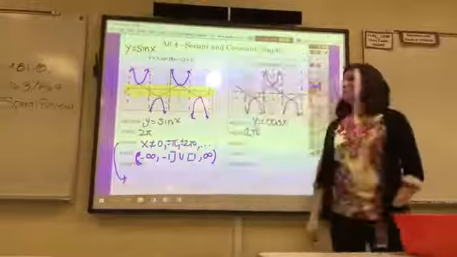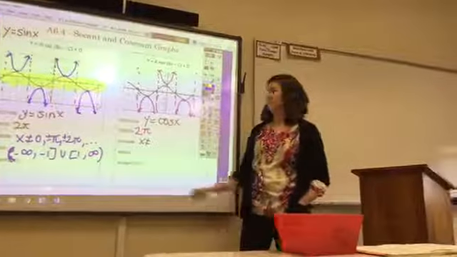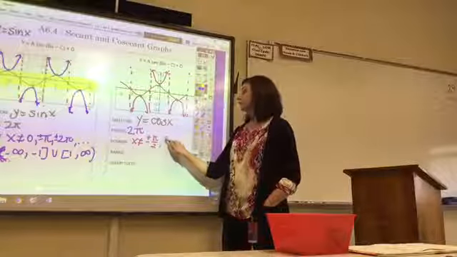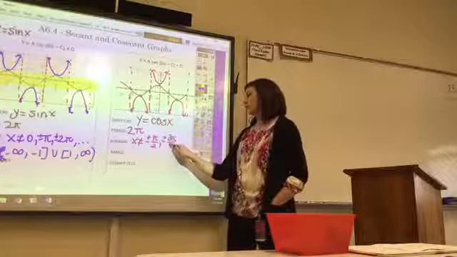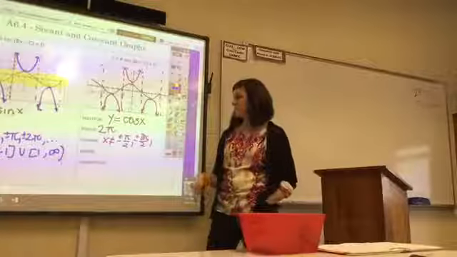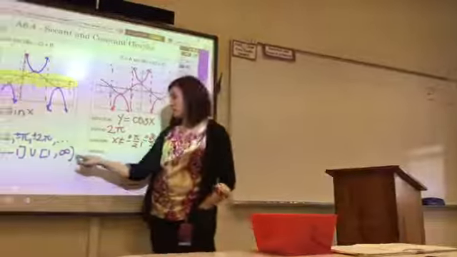Okay? What's the domain now? X cannot be plus or minus 3 pi over 2. So plus or minus 3 pi over 2. Where would there be another one? 5 pi over 2, 7 pi over 2, etc. Okay? Range. Range is the same.